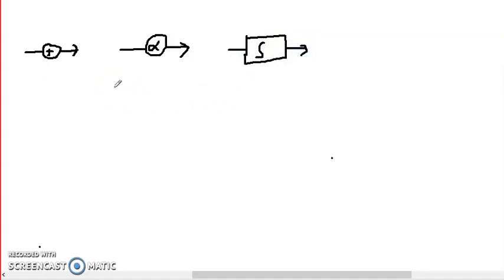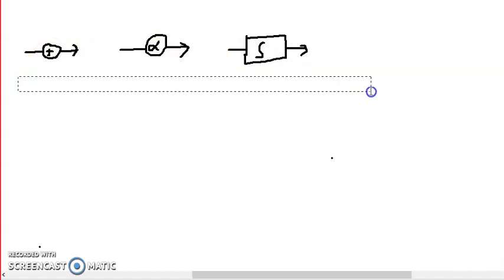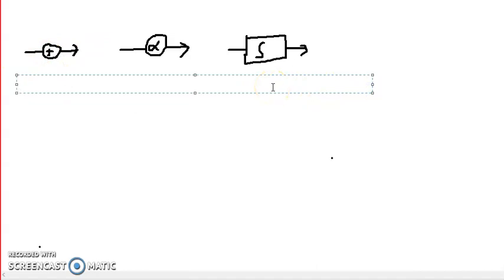So these are the blocks which are used to realize an analog system. These are the three components which are used to analyze a system in the analog domain.